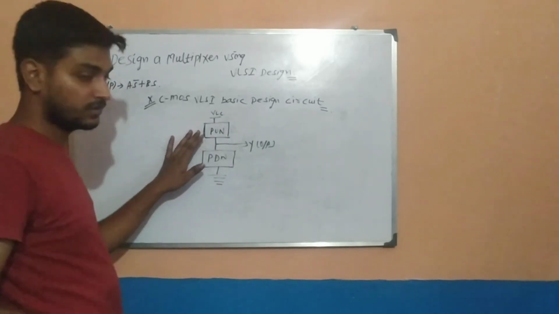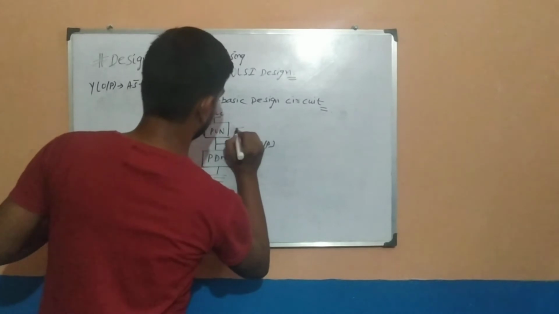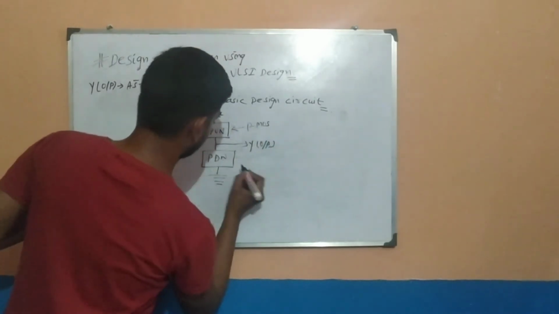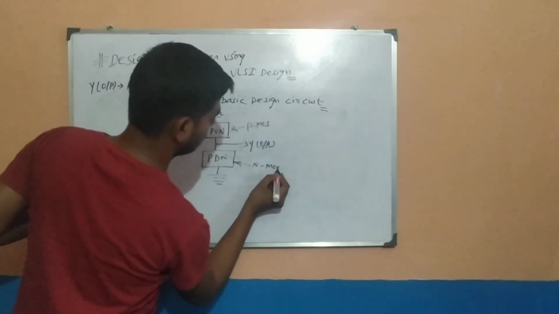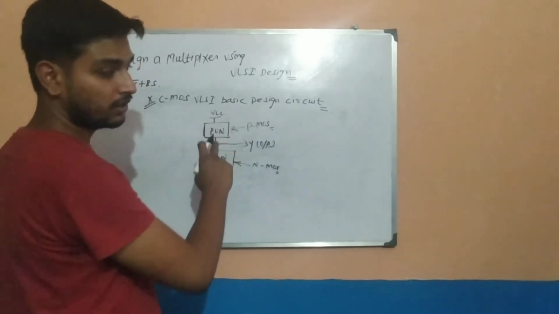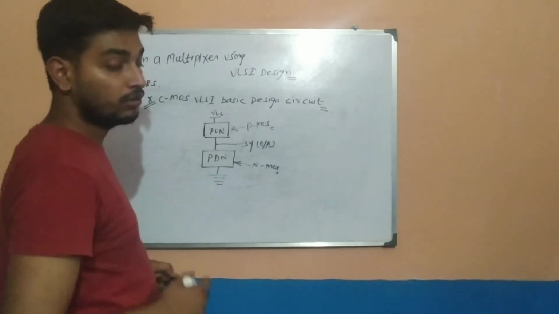The pull-up network consists of PMOS, and the pull-down network consists of NMOS circuits. PMOS forms the pull-up network, and NMOS forms the pull-down network.